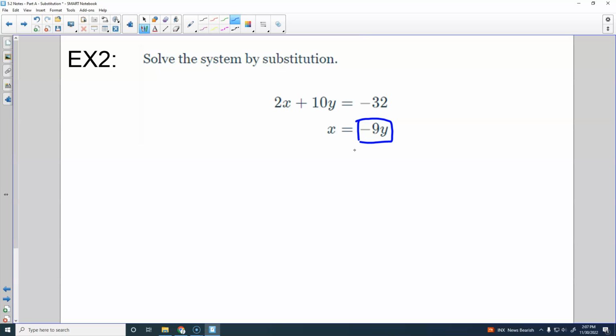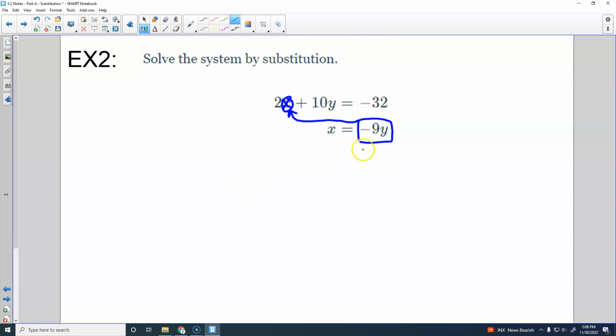Which means in the other equation, I could take this x right here, take it out, replace it with the negative 9y. Okay? It may be even helpful to you to do it this way. So if one of your equations is solved for a variable, so you have x equals or y equals, that's the one you want to plug into the other equation.